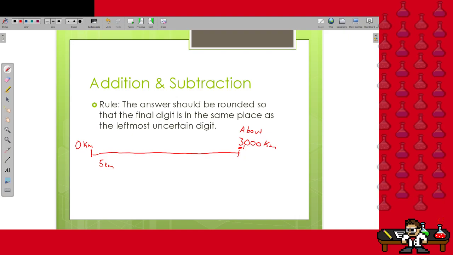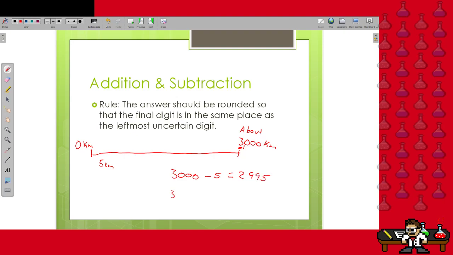Meaning if you got 5 kilometers closer to something that was about 3,000 kilometers, rounded to the nearest 1,000 kilometers, would you really be any closer than you were before? Physically, yes, but in terms of this estimation, if we took 3,000 kilometers and subtracted 5 kilometers, if this was math class and we were working with exact numbers, 3,000 minus 5 would be 2,995.